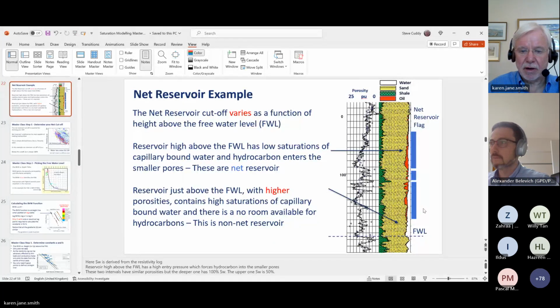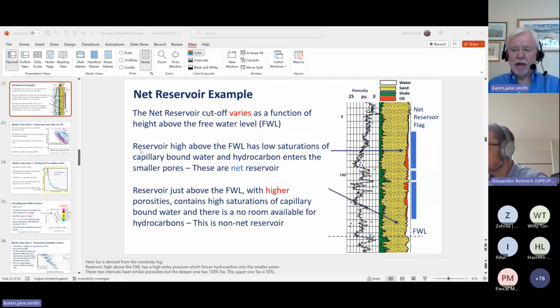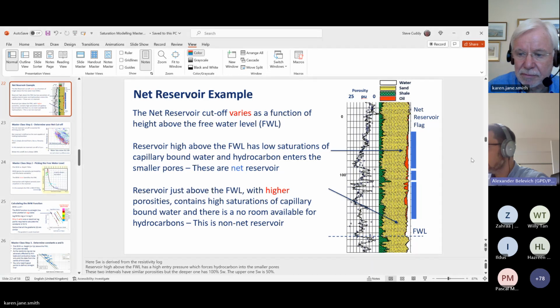Right. Okay. So one of the steps in the approach says that there is a netting exercise based on porosity, right? So this flag to calculate the net is based on the porosity, yes. Right. So in this specific example, the bit between the dash line and the base of the net, where there's non-net, where the arrow points at the bottom.